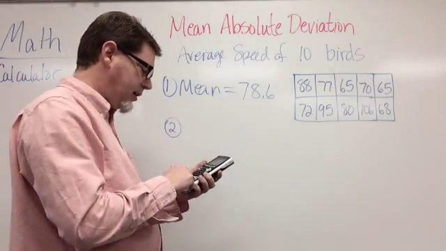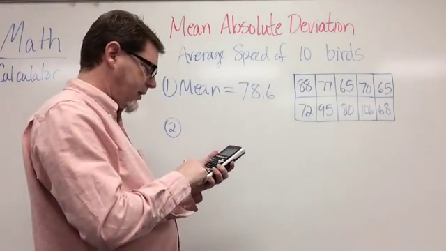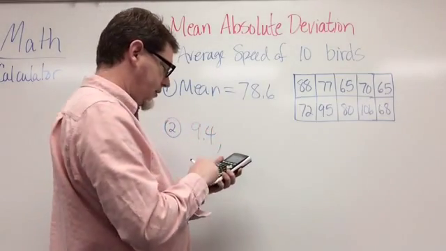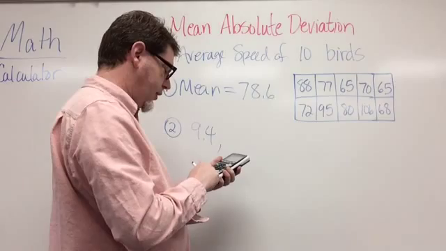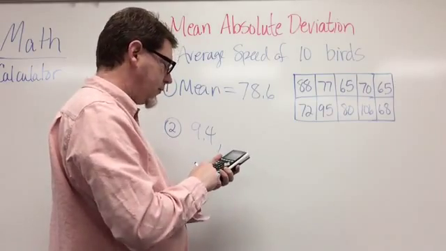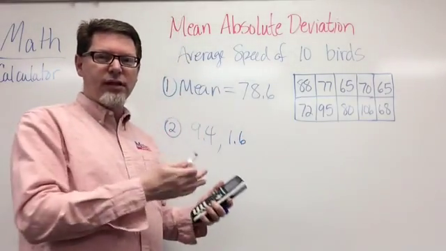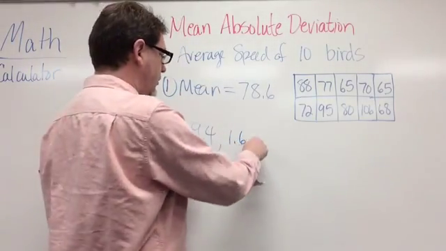So 88 minus 78.6 is 9.4. And 77 minus 78.6 is negative 1.6, but I'm using the absolute value, so I just write down 1.6.